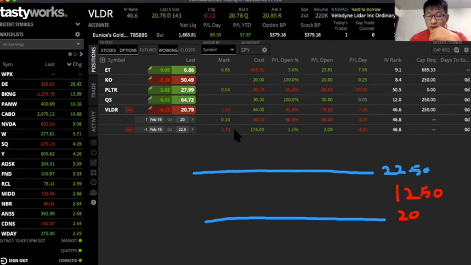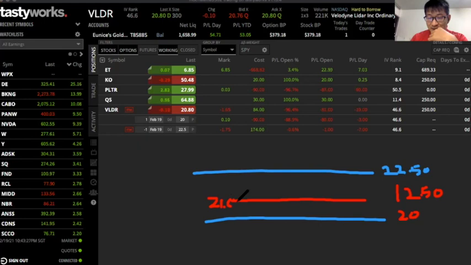Now you can see our break even price is actually 21.66. As long as the stock stays above 21.66 today, we break even for VLDR.